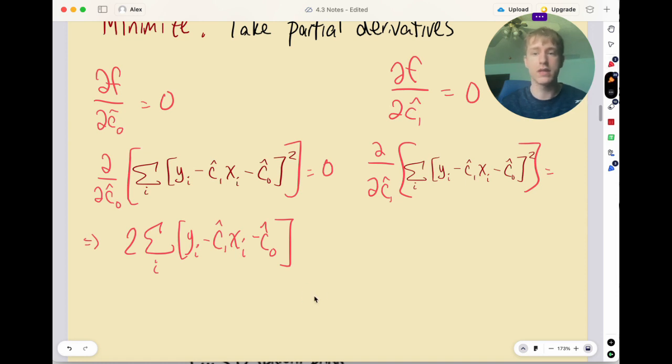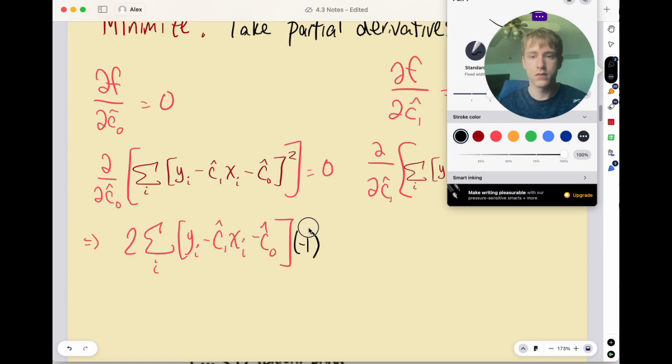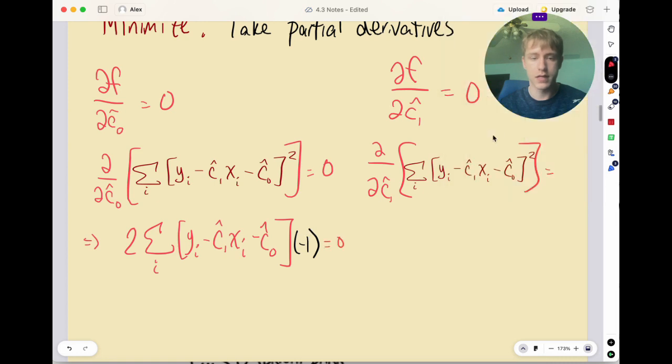But what's the derivative of the inside? Well, everything's a constant except anything with a c0. Okay, so that means that that goes to 0, that goes to 0, and the only thing is we're going to pick up a -1. Okay, so it's going to be times a -1, and that's going to equal 0.